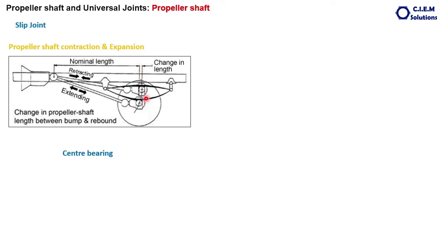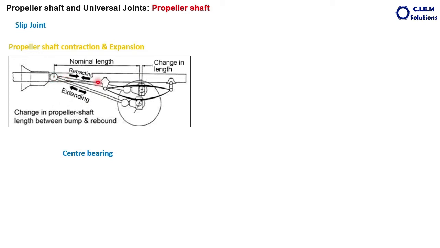So as long as we are driving the vehicle, this is a continuous phenomenon in the vehicle. That is, the change of the distance between the differential and the transmission is a continuous phenomenon as long as we are driving. So how to accommodate this change of the distance between these two members?